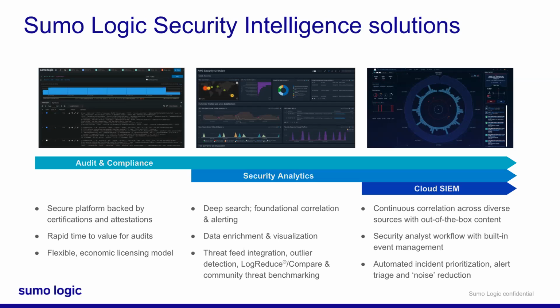We have workflows which are built in within the platform itself, and then there are rich correlations and rich integrations that we have built in as part of this particular platform. And you can look at prioritizing your incidents. You can do all your threat hunting. You can do all your analysis, alert triage, and you can look at significantly reducing the noise. And you can focus on what is more important rather than getting, I would say, inundated with the noise which is generated by the elements.